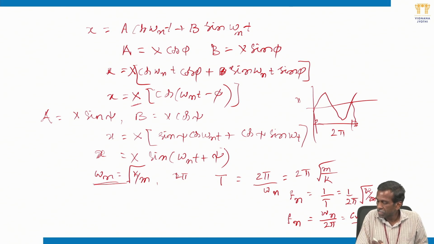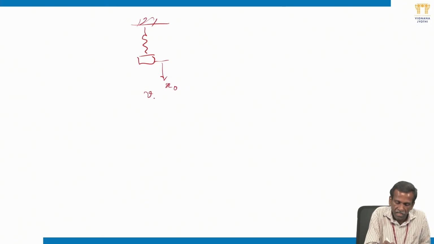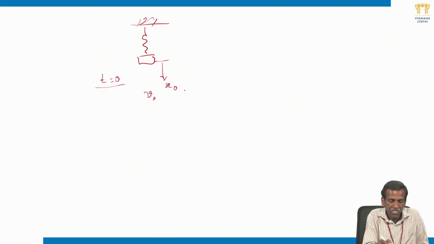Now coming to further elaboration of this, suppose you give a disturbance, displacing the spring and mass through a distance x naught, and also giving a velocity v naught. At time equal to 0, the displacement is x equal to x naught. This is called the initial condition, and the velocity is v naught. Then you can use these values in the equation.